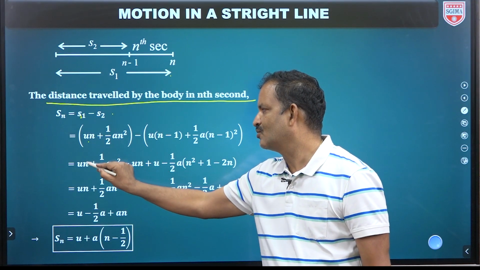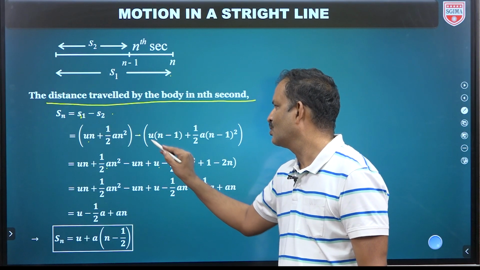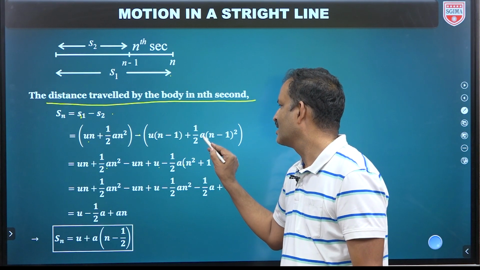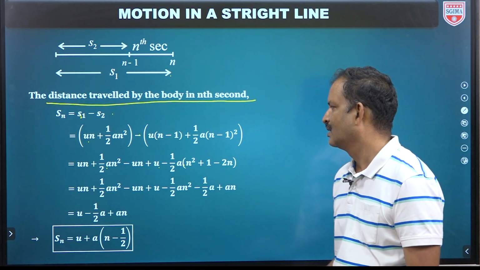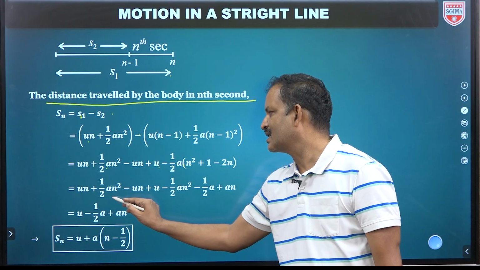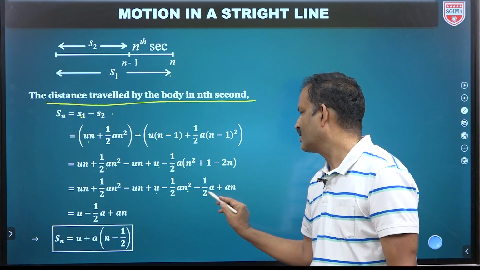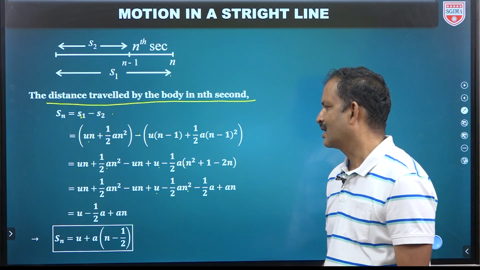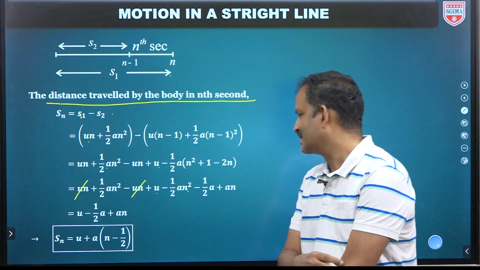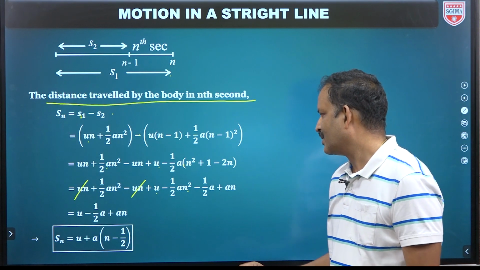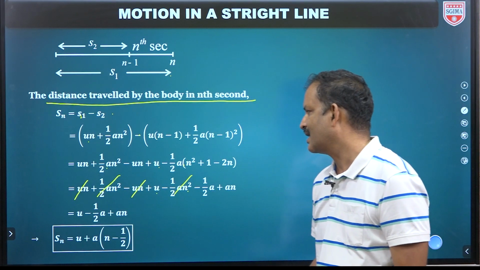Expanding this: un plus half a n square minus un plus u minus half a n square plus half a minus half a into 2n... Then un minus un will cancel, half a n square minus half a n square cancel.